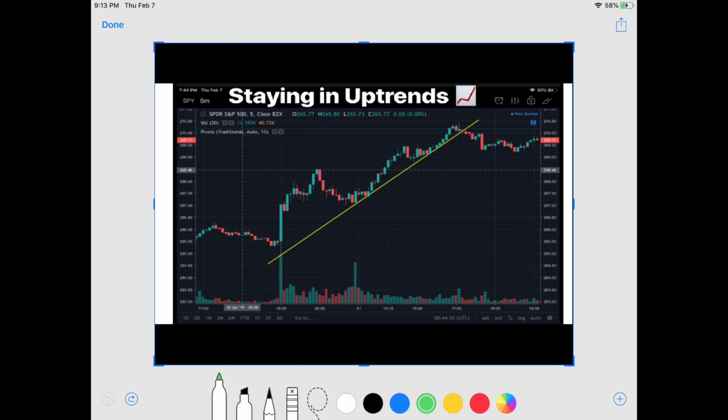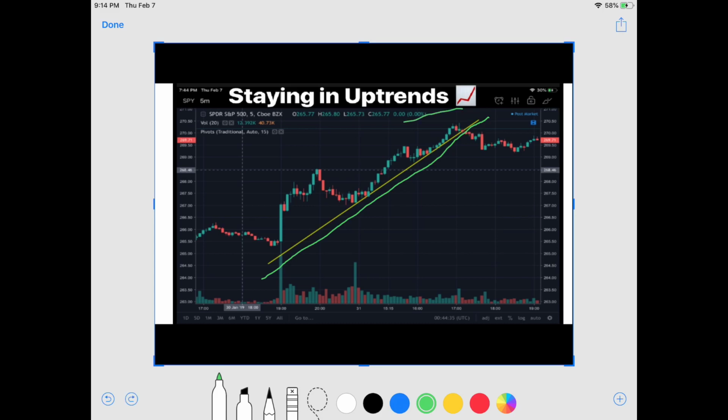You stay within your trend until it breaks away. So it broke out of the trend right about there and then started trading sideways right there. It's pretty simple. And this is called your support line. So when you're staying within the uptrend, you want to stay within your support line and take profits right about here.